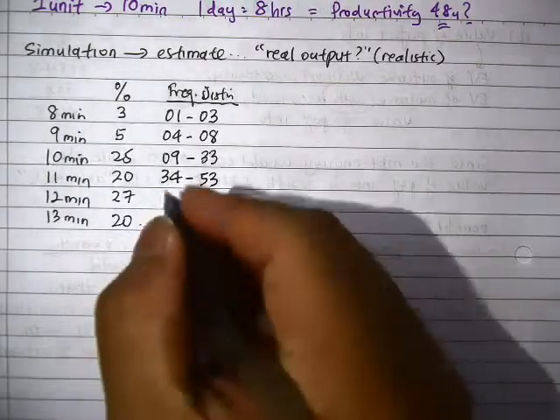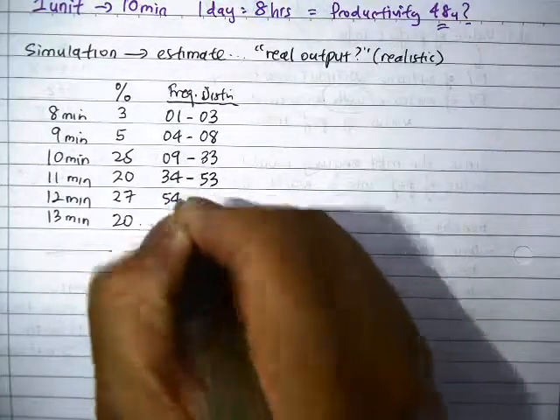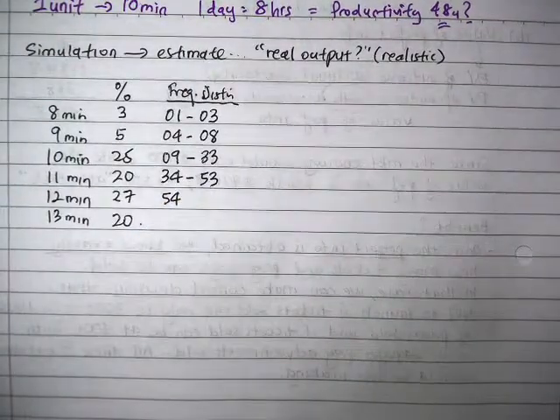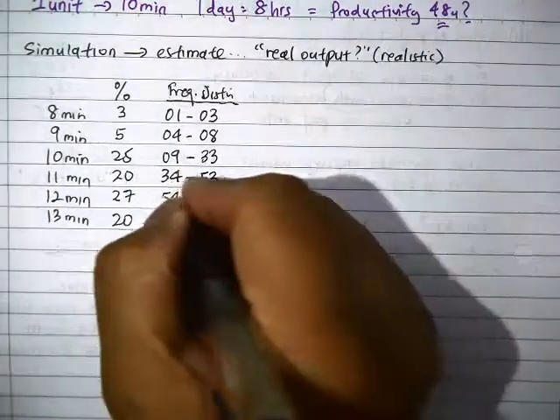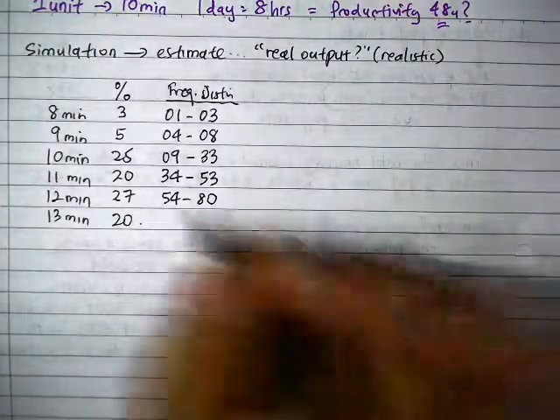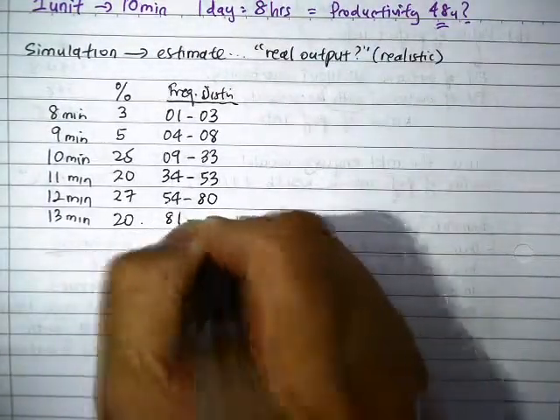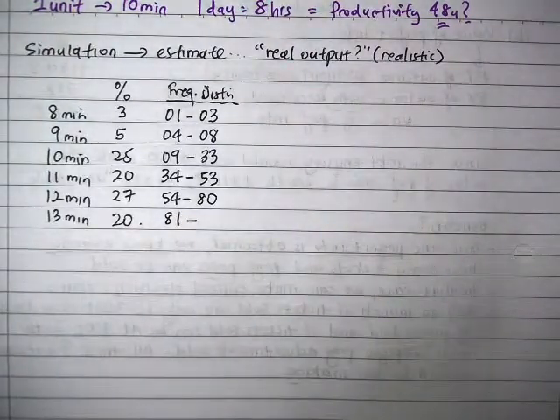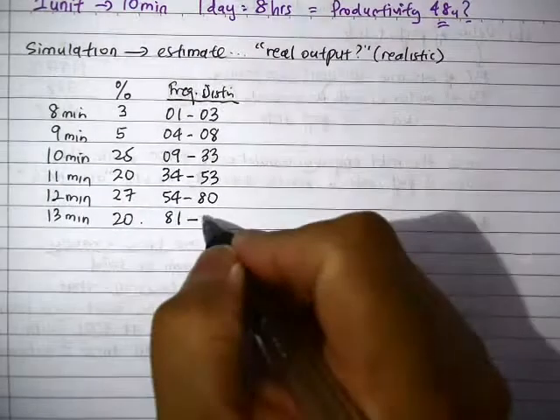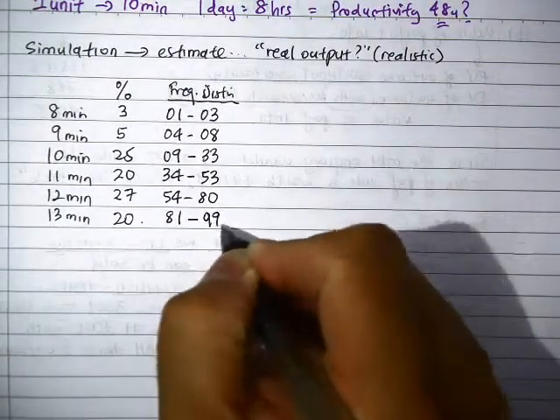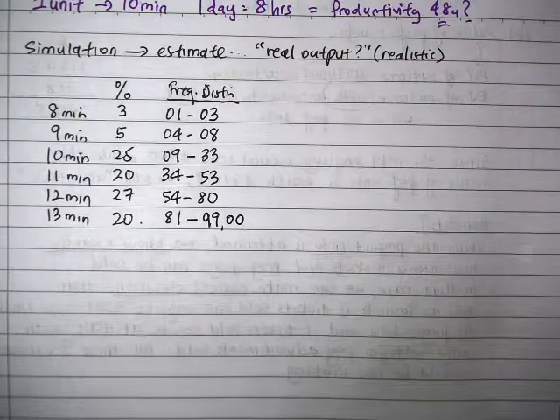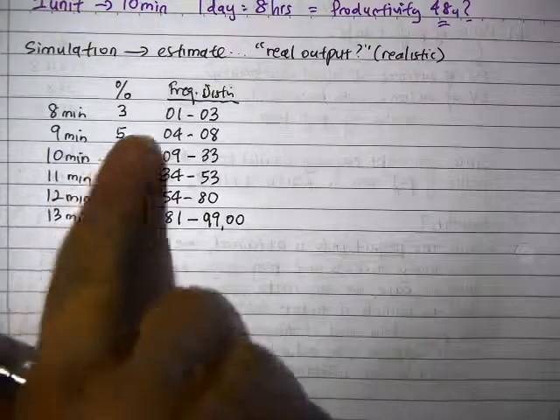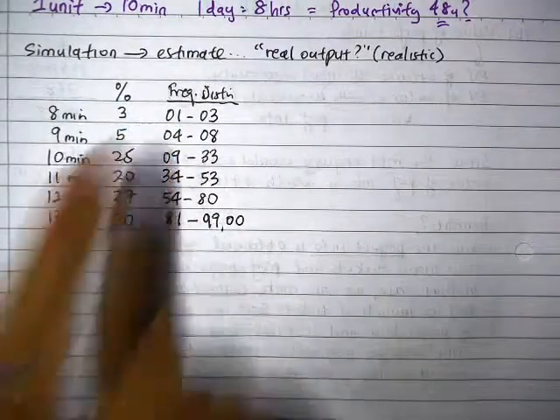Then 54 until 80. Then 81 until 100, but there's no 100, so we take until 00, that means 99, then we add 00. That's why I say you can start with 00, and starting with 01 also can.